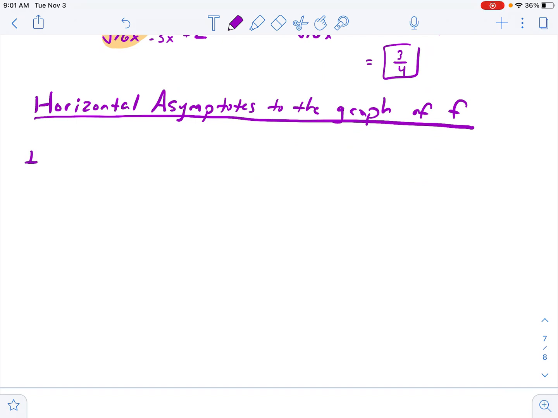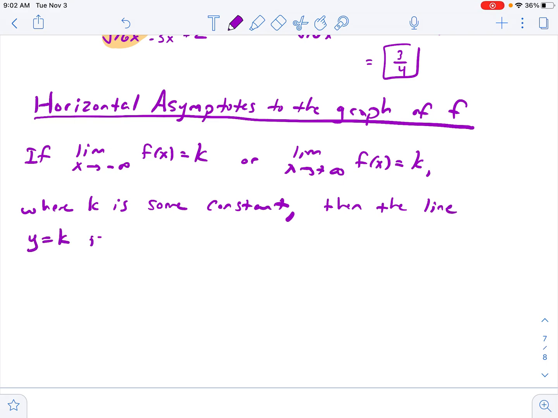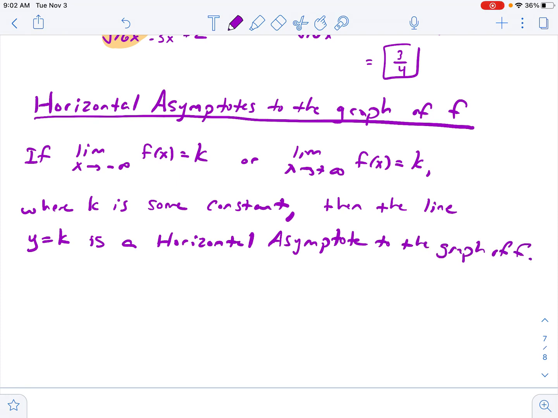Okay, horizontal asymptotes to the graph of f. If the limit as x approaches negative infinity of some function equals k, or the limit as x approaches positive infinity of some function equals k, where k is some number, okay, some constant, then the line y equals k is a horizontal asymptote to the graph of f.